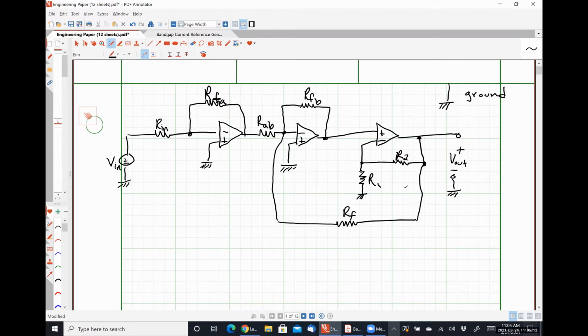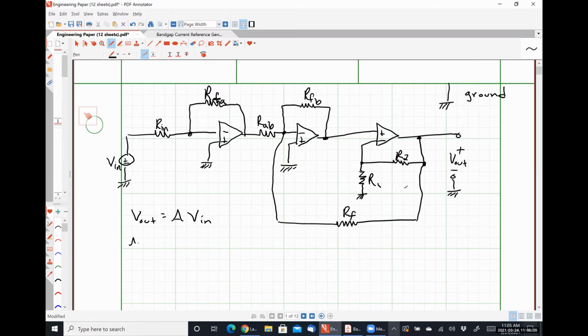So what we want to do is find an equation, V out equals the gain times V in. And so we're going to solve this for A, okay? Whenever you do op amps, you have to make sure you remember your two rules. You can't have current flowing into the input, right?